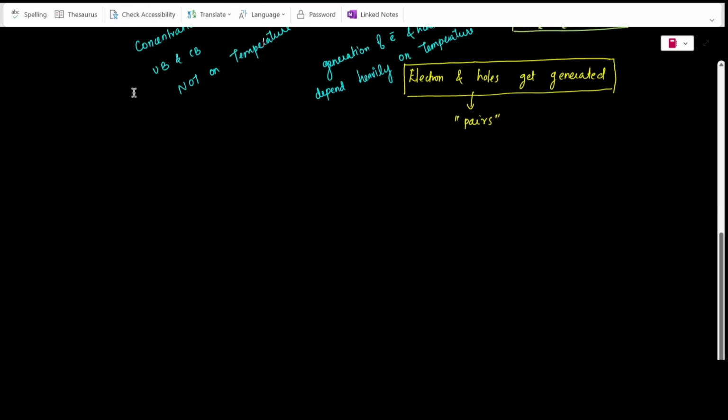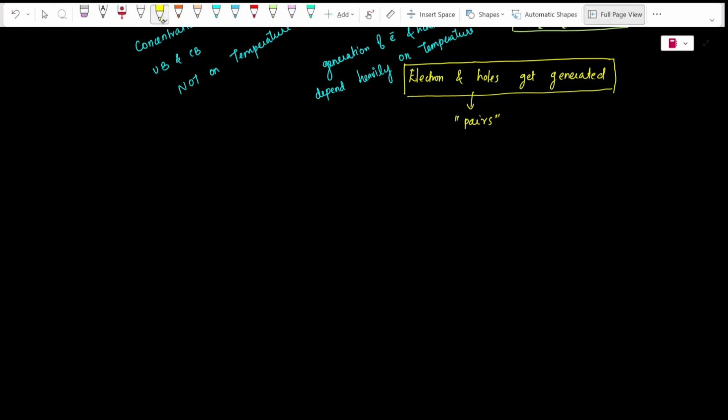There is one more thing which I would like to emphasize here: electron hole pair generation and recombination are governed by two rates, alpha G and alpha R. Alpha G is the rate of electron hole pair generation, and definitely this rate depends only on temperature and not on concentration.